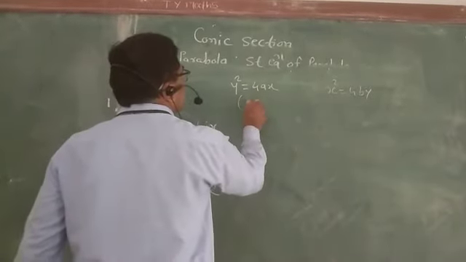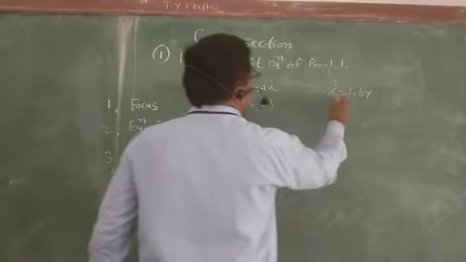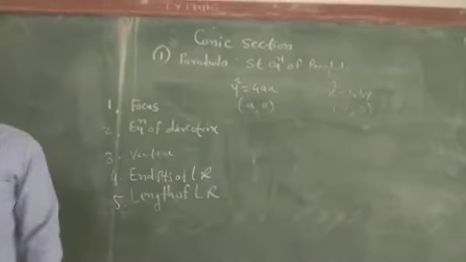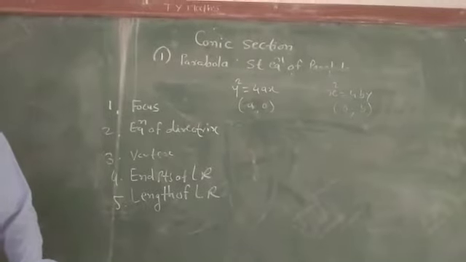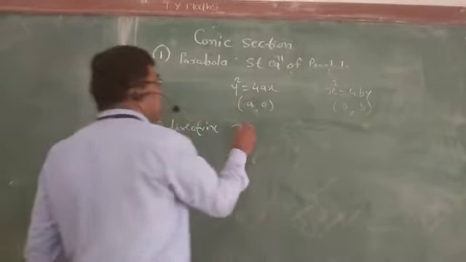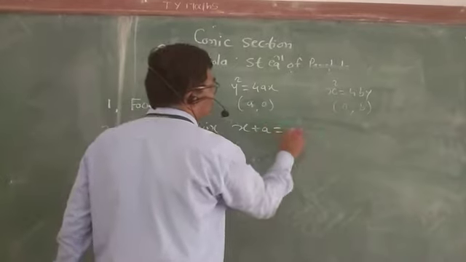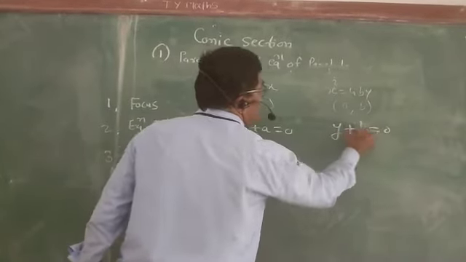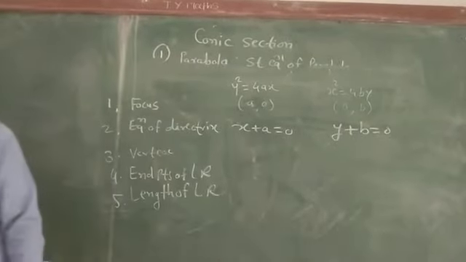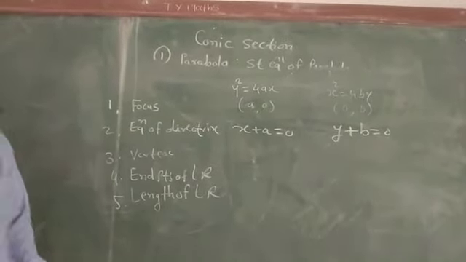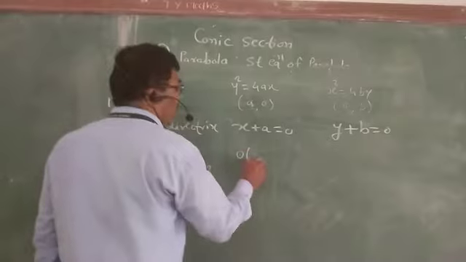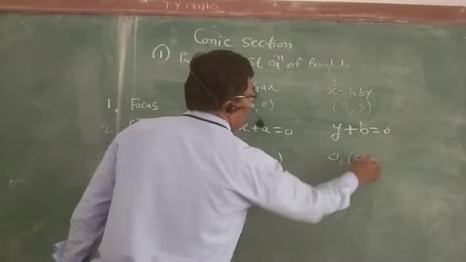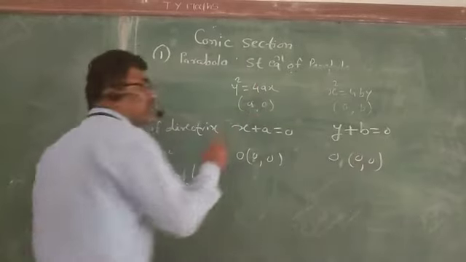Focus A, 0 or 0, b. Equation of directrix x plus A equal to 0, y plus B equal to 0. Vertex O, 0, 0.